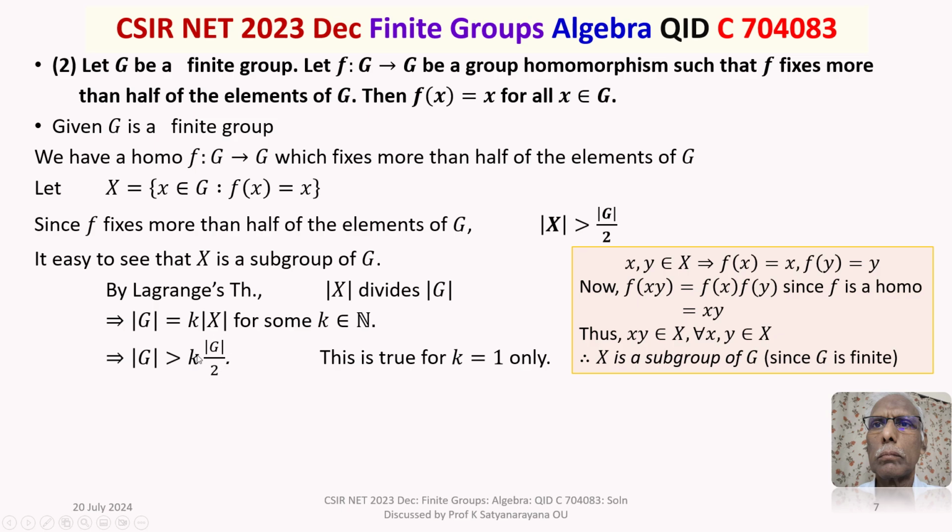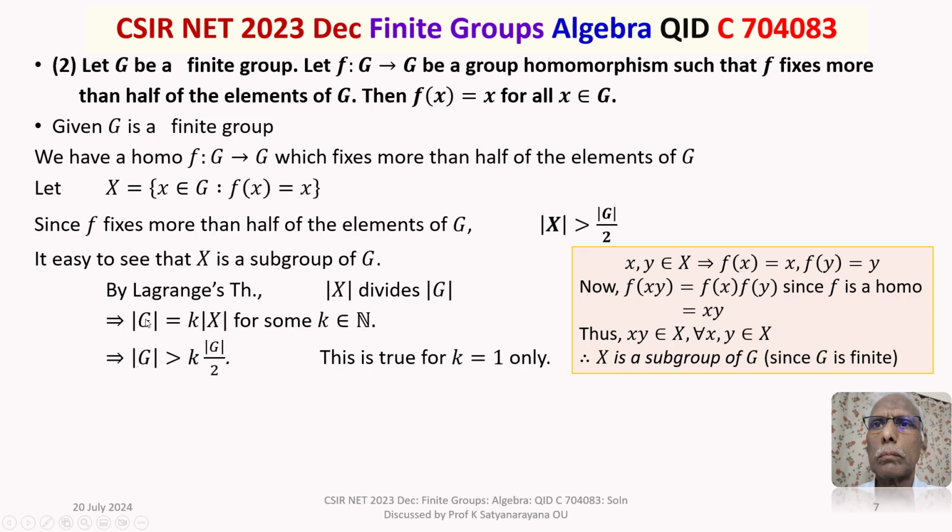Suppose you take k equal to 2, then order of G is greater than order of G. This is not possible. And when k is equal to 3, order of G is greater than 3 by 2 times order of G, which is untenable. For any k greater than or equal to 2, this is not possible. Therefore, k equal to 1 is the only solution.